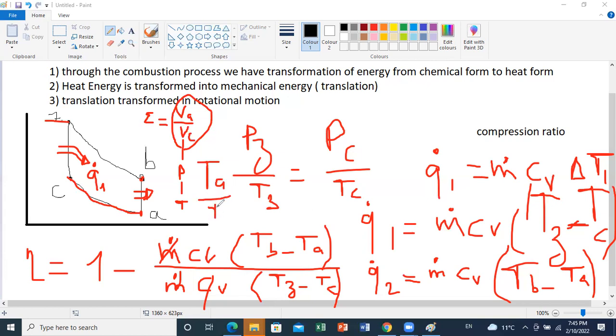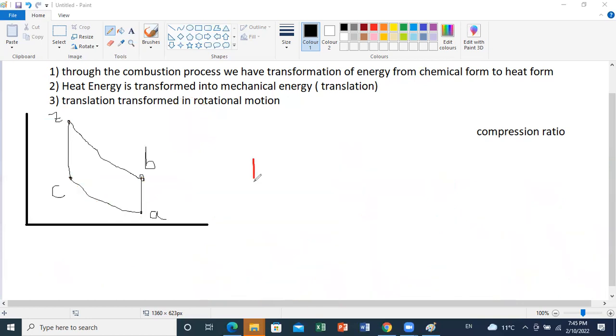To make this ratio appear, I can take TA into factor in my numerator, and TC into factor in my denominator. So what do I get then? My efficiency is, as we said, 1 minus TB minus TA over TZ minus TC.